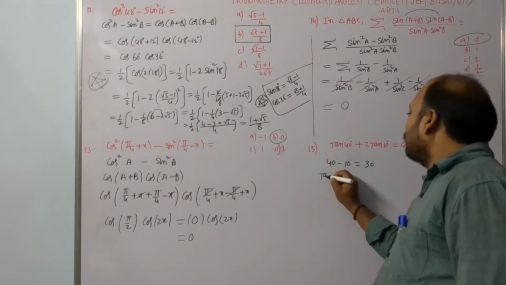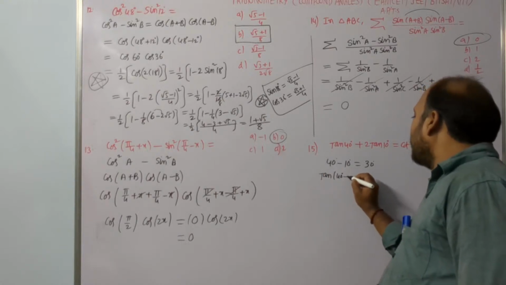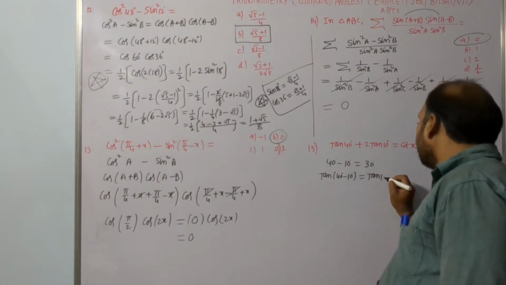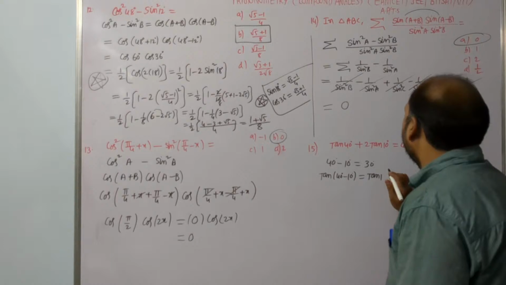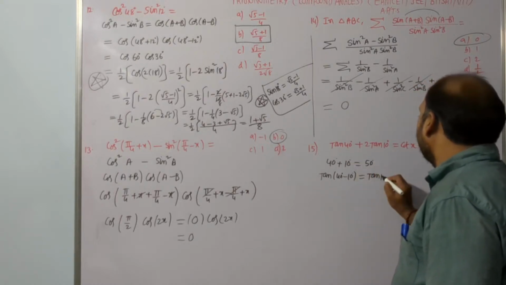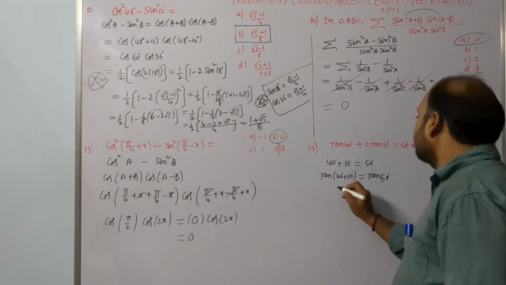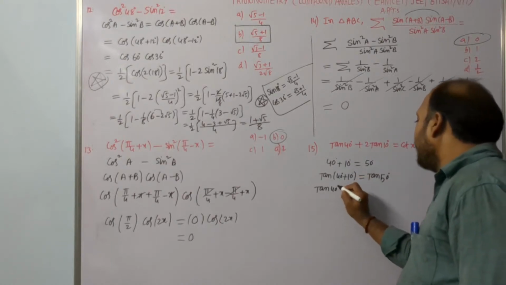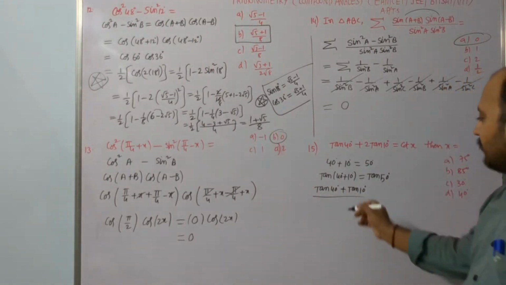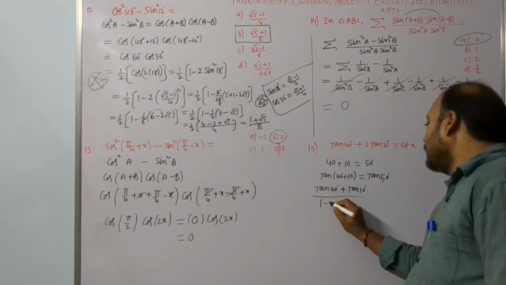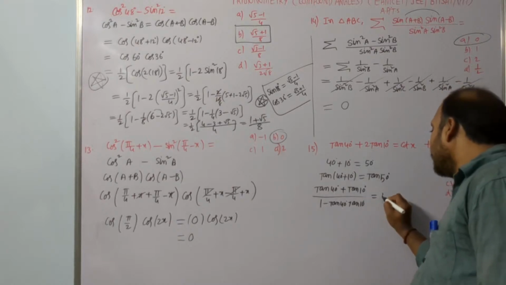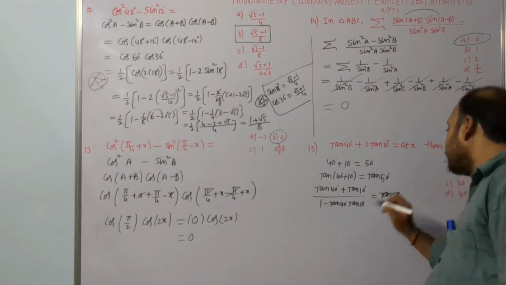So taking tan on both sides, tan of 40 minus 10 is equal to tan 30. After that we'll see. Tan 50 degrees. So tan 40 degrees plus tan 10 degrees by 1 minus tan 40 into tan 10 is equal to tan 50, dear students.